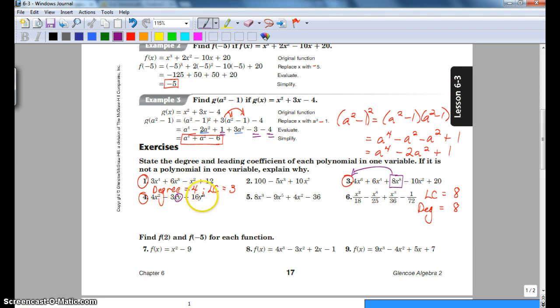Furthermore, you have a third term, the third term technically in this function, being a 16y squared, which suggests, if we're looking at this, that we are missing an x. So I'll circle that as well. So because we don't have just one single variable in the problem, we can say that this is not a polynomial.